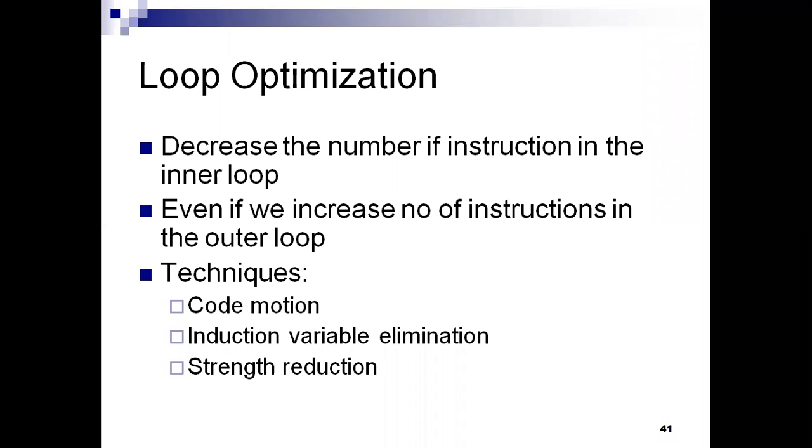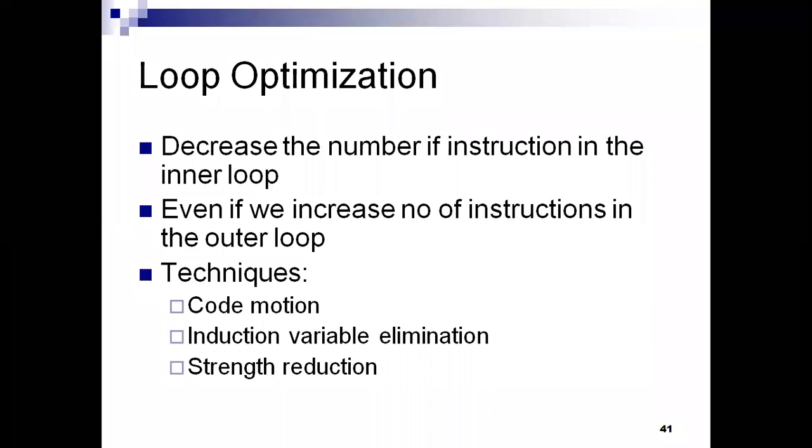Make a note of this. Loop optimization is a technique in which code optimizations are performed on inner loops, and it is carried out by the following techniques or transformations: code motion, induction variable elimination, strength reduction, loop invariant method, loop unrolling, loop fusion, and so on.